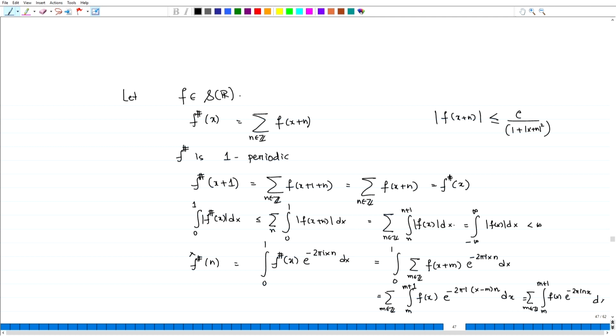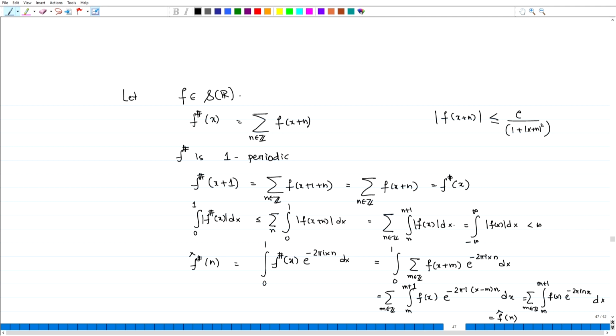So this is nothing but, since the sum over m to m plus 1 gives the integral over minus infinity to infinity, the integral from minus infinity to infinity of f of x e to the power minus 2 pi i n x dx, which is nothing but f hat of n.